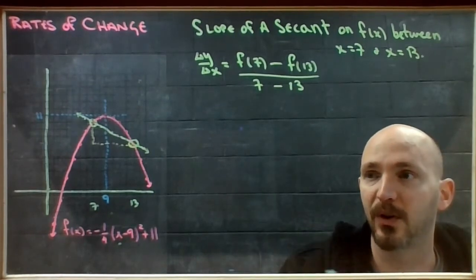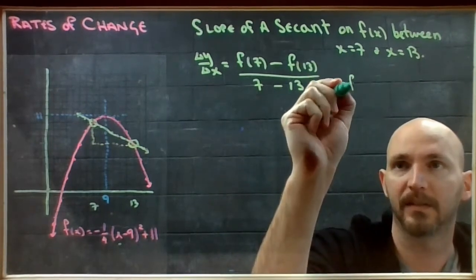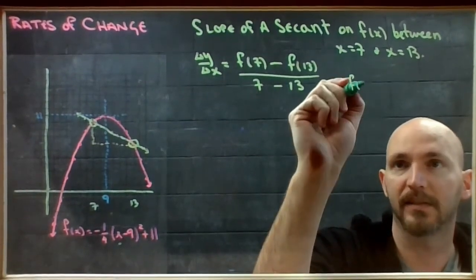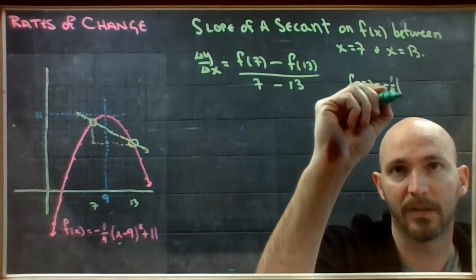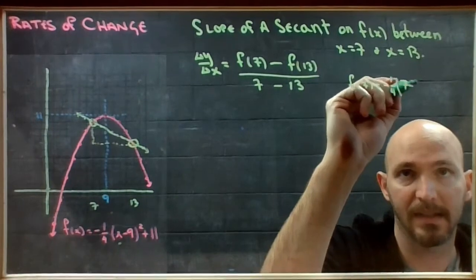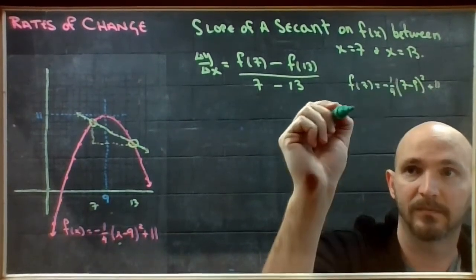Okay, so to do a little work here, the function at 7 would be -1/4 of (7 minus 9) squared plus 11.